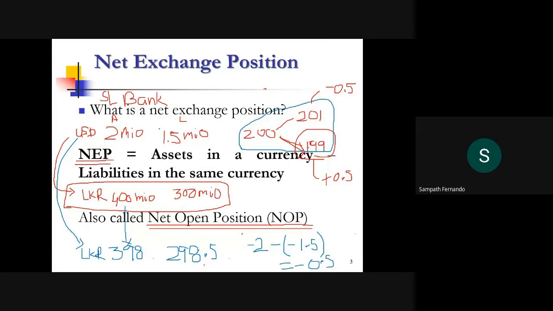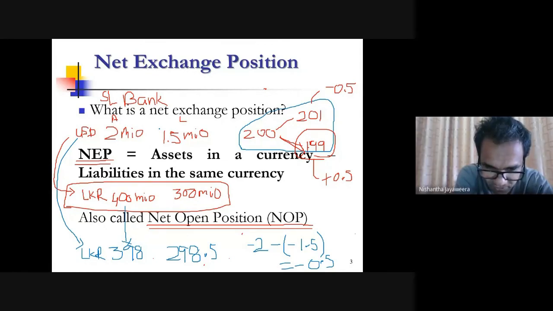CCP is available only for Sri Lankan banks, domestic market only, no? No. What we are going to propose in Sri Lanka is within Sri Lanka. I don't know whether it's possible for us to ask foreign parties to participate.